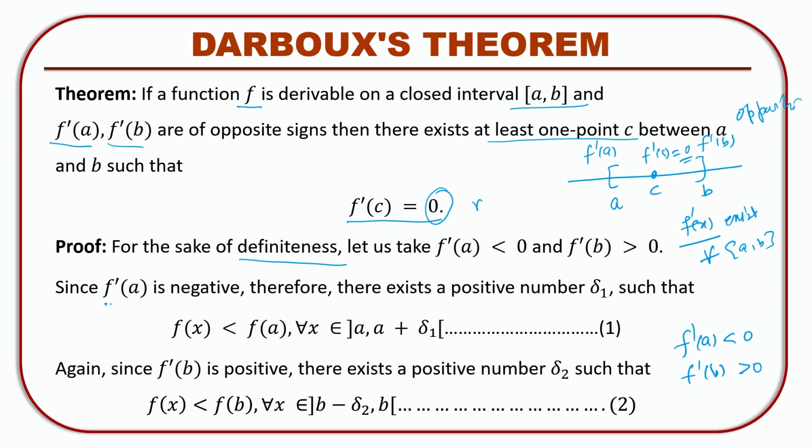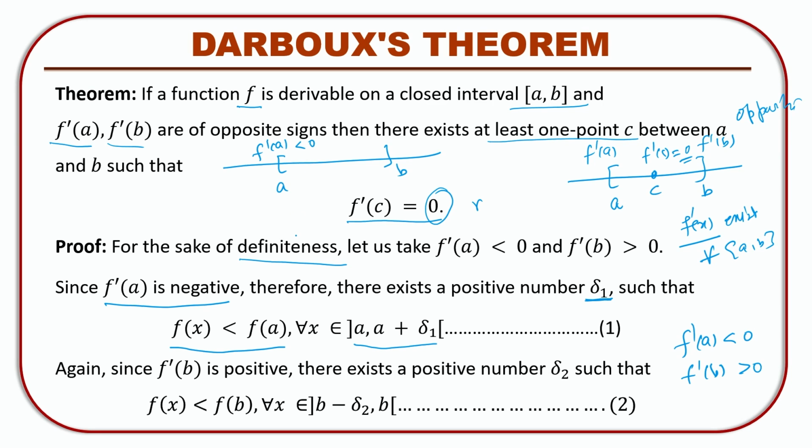Since f'(a) is negative, there exists a positive number delta 1 such that f(x) is less than f(a) for x belonging to (a, a + delta 1). Here we have a and here we have b, and f'(a) is less than 0.